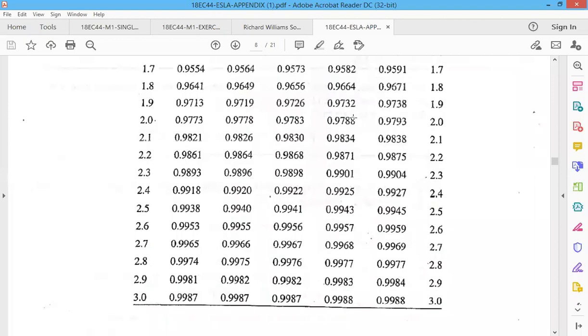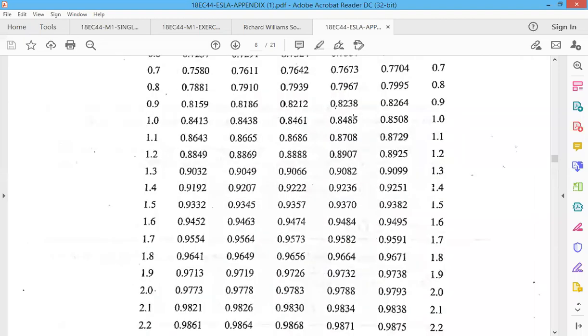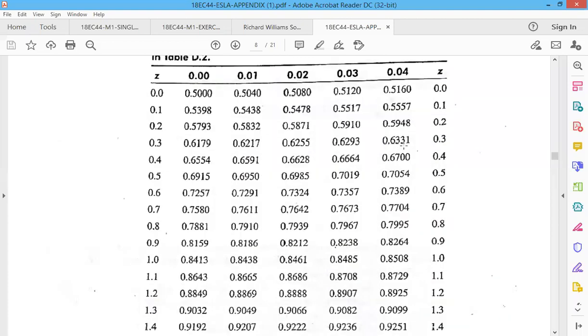From these values, you can see that we have 0.6331, and that is obtained for 0.3 plus 0.04. When you add this, it results in the value of 0.34.